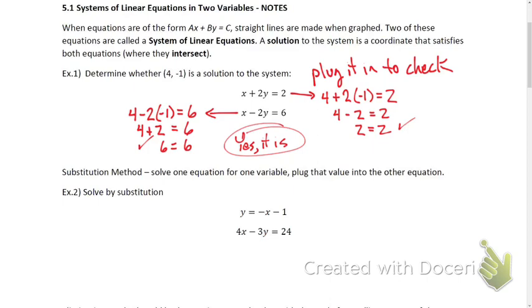So this one is ready to go because this is solved for y. So what we need to do is plug in -x minus 1 in the other equation.